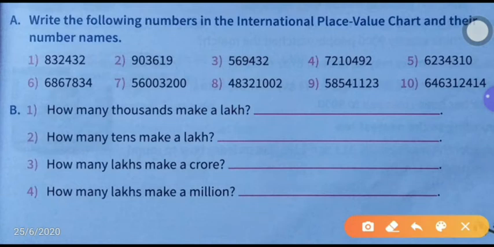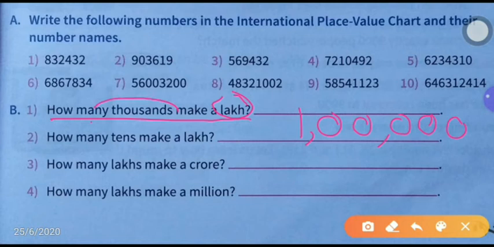How many thousands make a lakh? First we will write 1 lakh here. After that, in 1000 how many zeros are there? Three. That means from this lakh we will cut three zeros. What is remaining? 100.